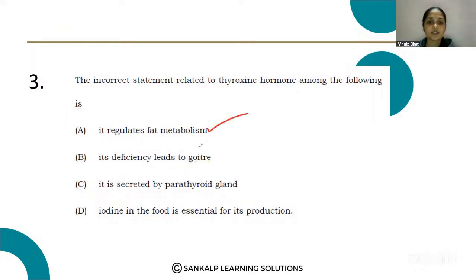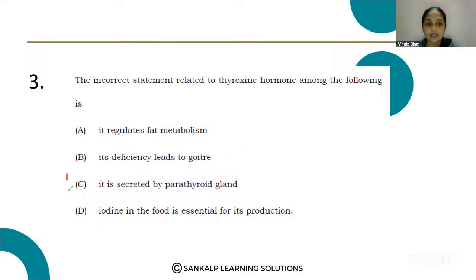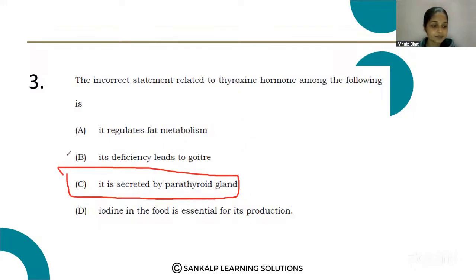Yes, it is involved in the fat metabolism. The deficiency leads to the goiter, that is the correct one. It is released by the parathyroid gland? No, it is not released by the parathyroid gland. It is released by the thyroid gland. Iodine in the food is essential for its production, that is also correct. The incorrect statement is option C, it is secreted by the parathyroid gland.